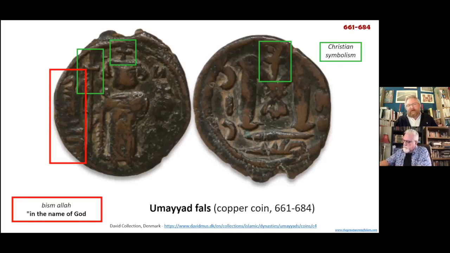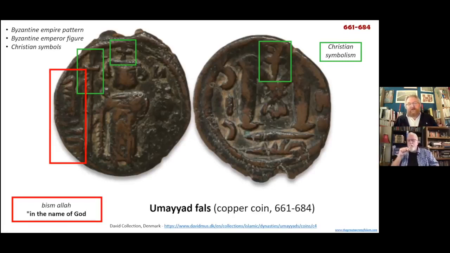So we see that an Arab power is emerging, but it is not an Islamic power yet, because of the crosses and the Byzantine pattern, which means that Muawiyah, even though he often opposed the Byzantine emperors, was still within the Byzantine Empire's sphere of influence. He was still a kind of Byzantine himself.